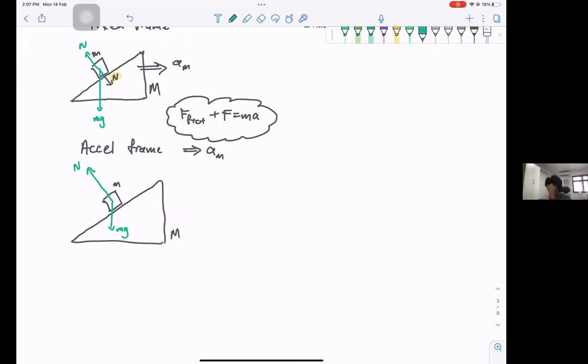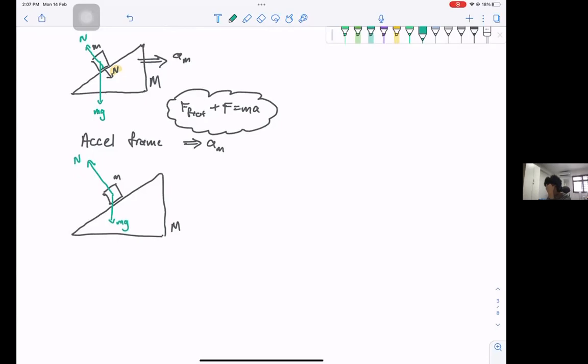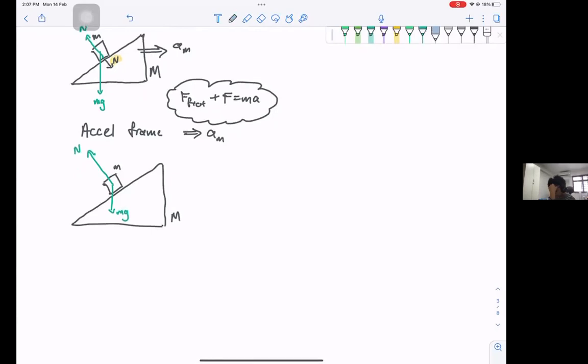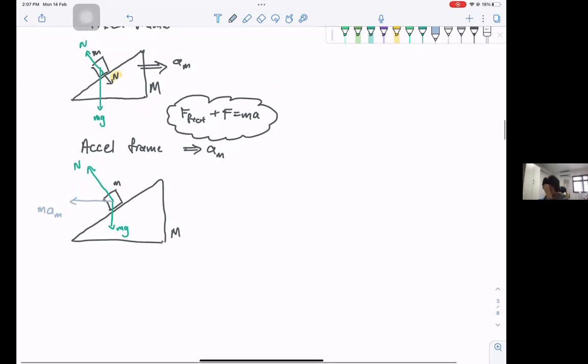On top of that, there'll be the non-inertial force, which is going to be towards the left, and it's going to be the mass m times acceleration am. The green forces are the real forces over here, and the blue force is the fictitious force that is caused by the accelerating reference frame.